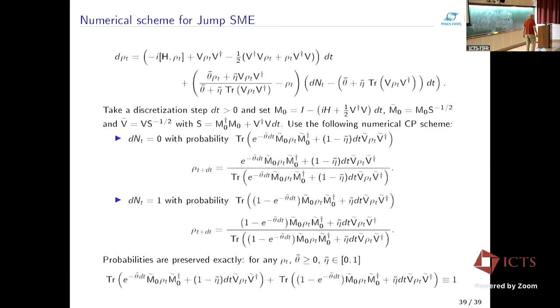The last point, of course, is that in general, for H, the transition between the levels in the spectrum of H, the frequencies in H, are in general larger than the decoherence and the measurement. In this case, you can use some splitting scheme. You take dt, and the splitting is this.